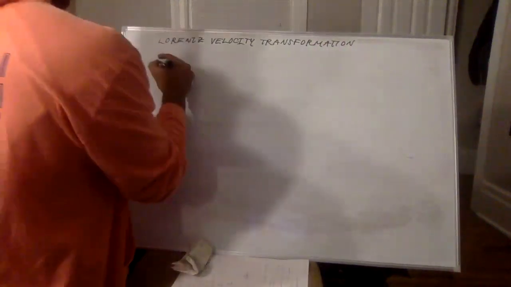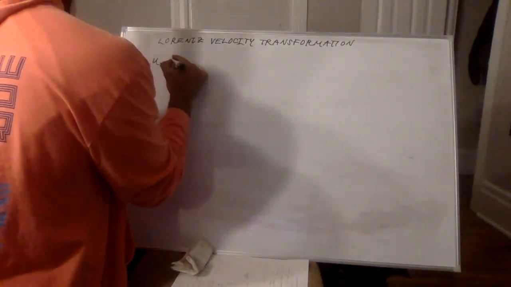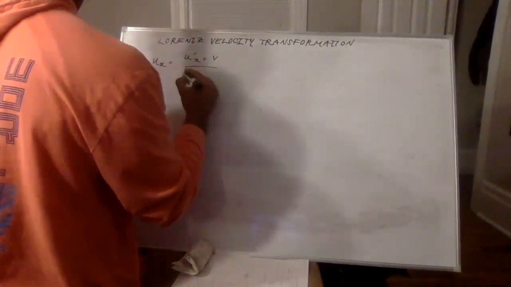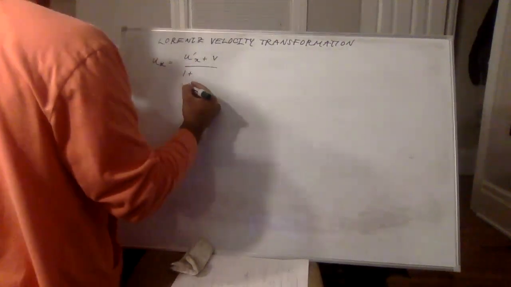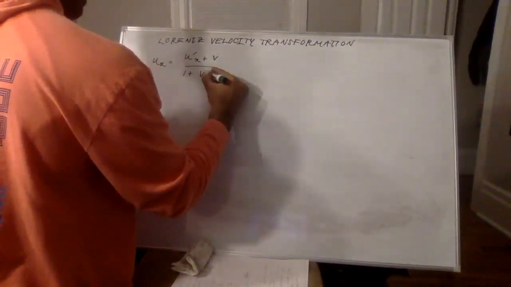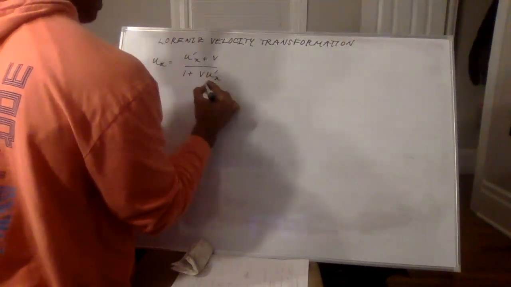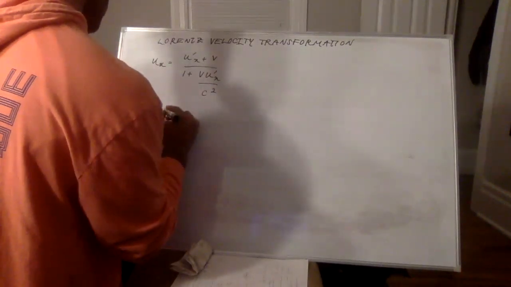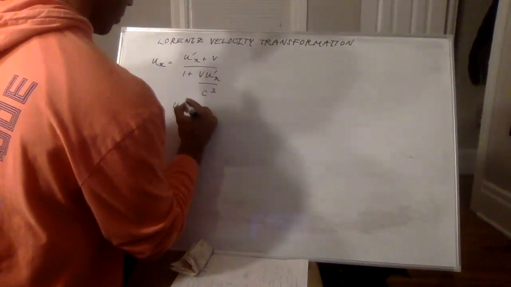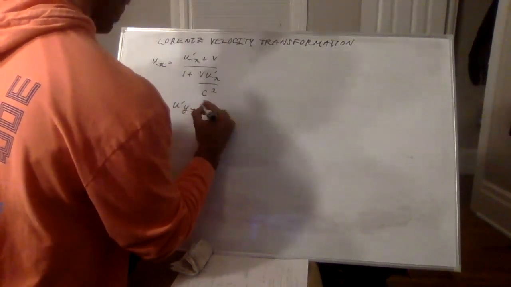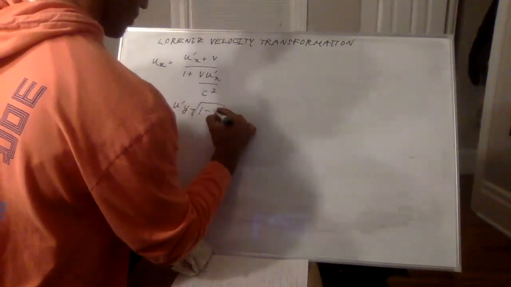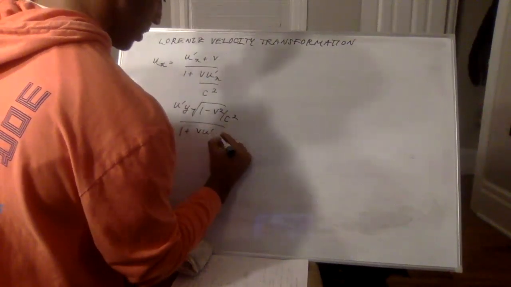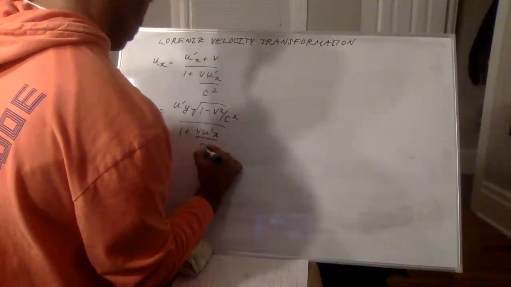I'm just going to show you the formulas. u x is equal to u prime x plus v over 1 plus v u prime x over c squared. Our u y is equal to u prime y times the square root of 1 minus v squared over c squared, over 1 plus v u prime x over c squared.